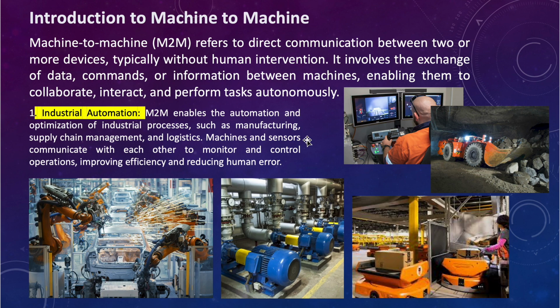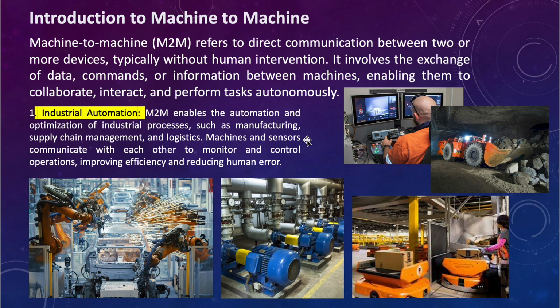M2M enables the automation and optimization of industrial processes such as manufacturing, supply chain management, and logistics. Machines and sensors communicate with each other to monitor and control operations, improving efficiency and reducing human error. So in industrial automation, machine to machine is implemented.